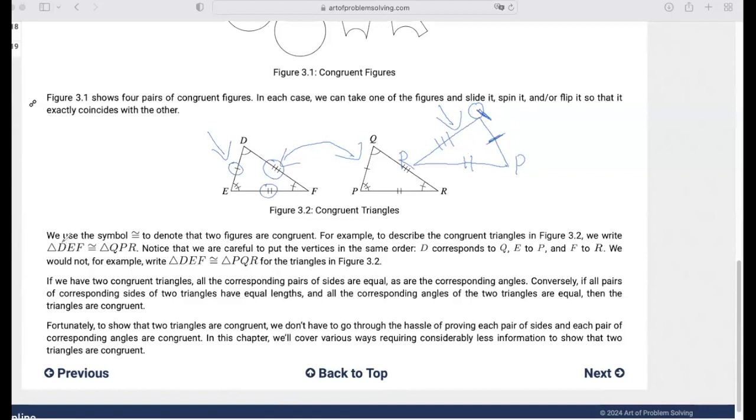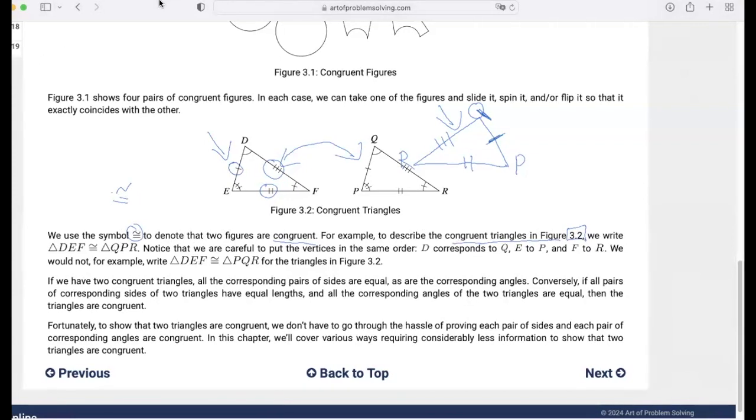Okay, so we use this symbol to represent that the two figures are congruent, okay? For example, to describe the congruent triangles in figure 3.2, we write this one here.